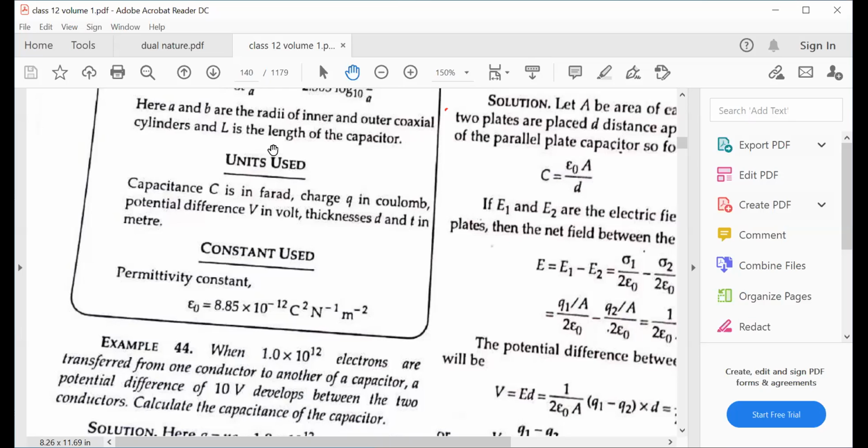Please take the question. Try to get the data. You already know the relations here. We need to find the capacitance of the capacitor. Please do it. If you don't know, I'll help you with that.